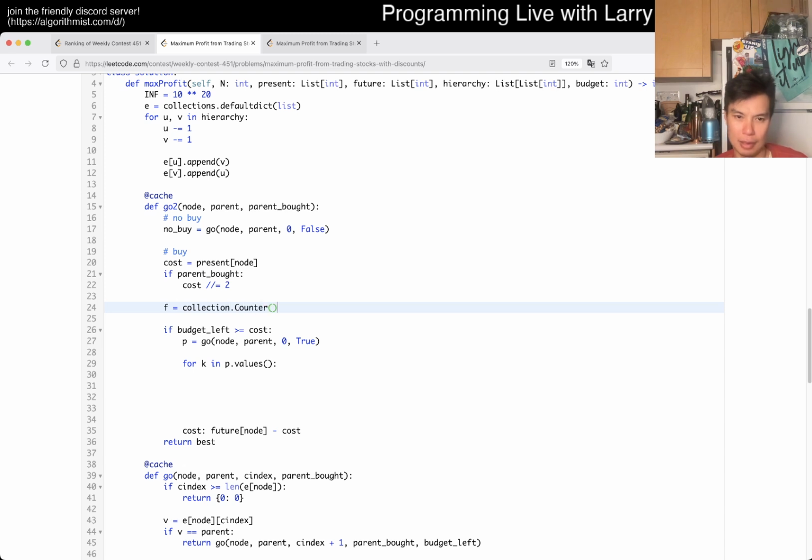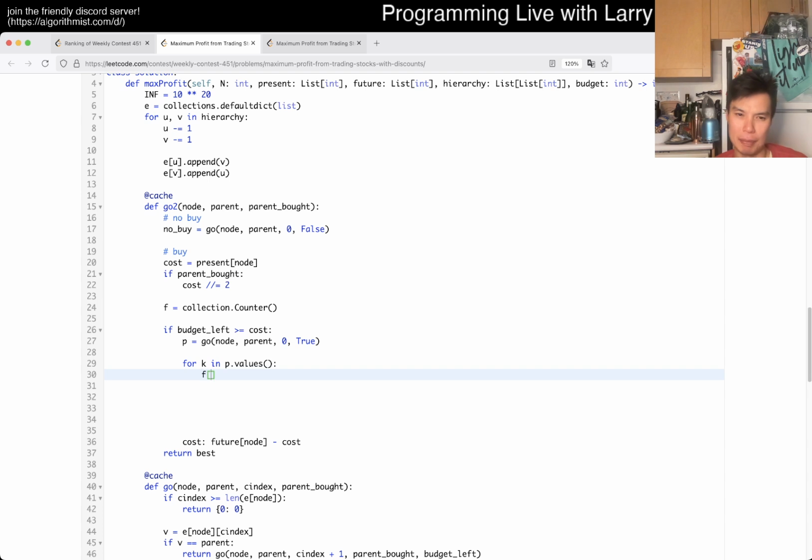Right, and then now we go, okay, so this is the budget. So this is the budget used. So budget used plus cost is equal to min or max, sorry, max of what it used to be, or P of k plus future node minus cost, right?